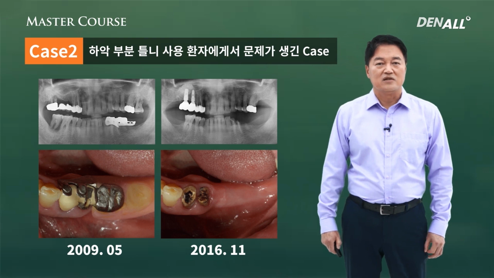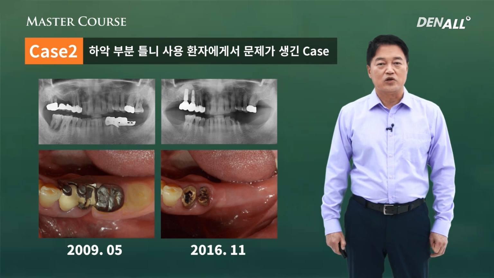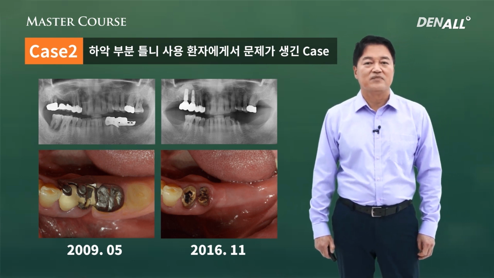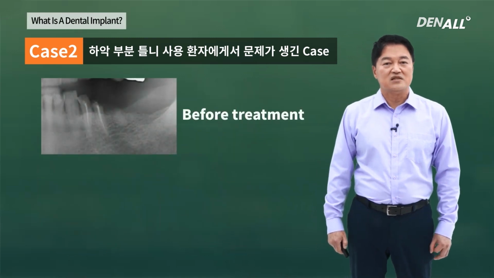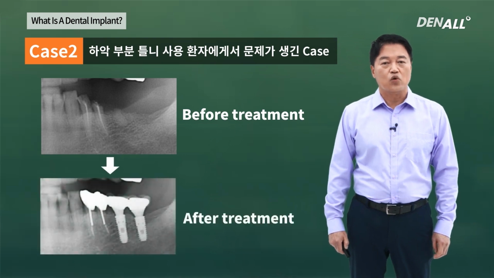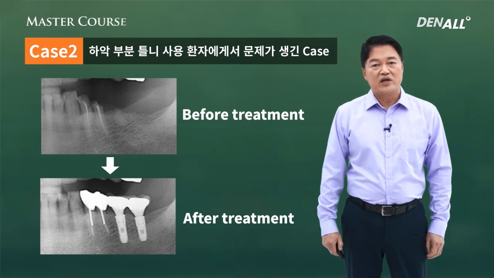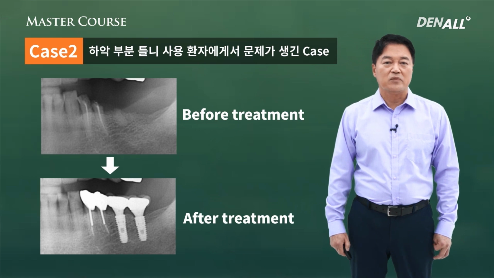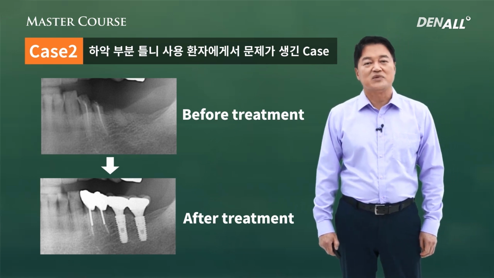The patient used it like this, and after 7 years, when the patient came in, within the surveyed bridge, there was decementation and caries occurred and retreatment was required. The root itself was sound. Re-endo treatment was done and implant was done in the missing area. If the patient had received implant treatment from the start, the two surveyed crowns, the patient would have maintained natural teeth for a long time.